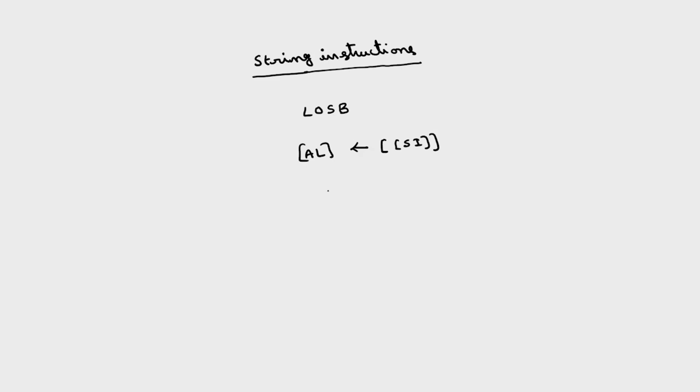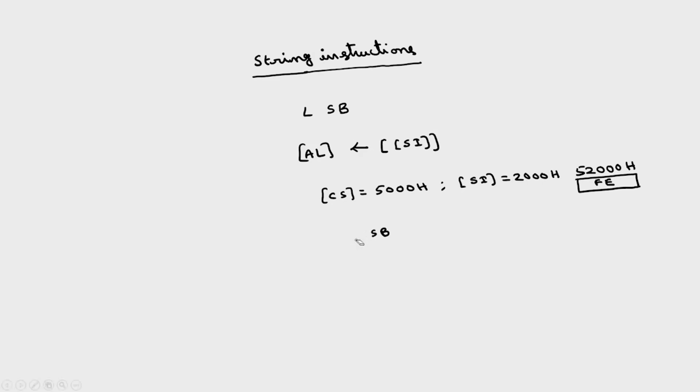For example, if I take this data segment, the contents will be 5000, and if SI contents will be 2000, and if the contents of 52000H is FE, then after the instruction load string byte, the contents of AL becomes FE.